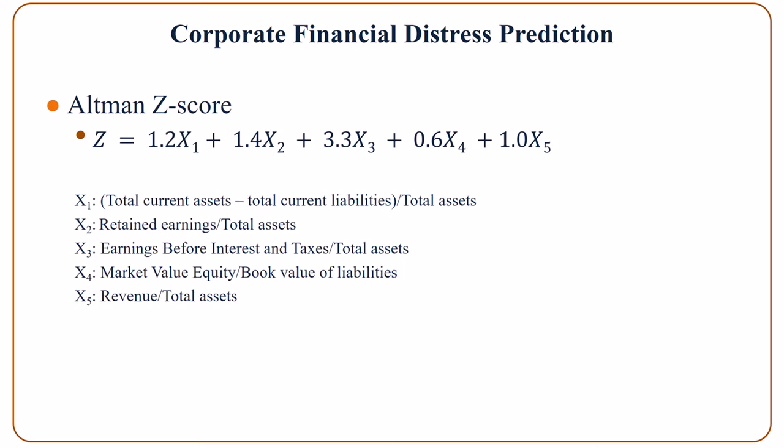X2 is retained earnings divided by the total assets. X3 is earnings before interest and taxes divided by the total assets. X4 is the market value of equity divided by the book value of liabilities. And X5 is the revenue divided by the total assets.